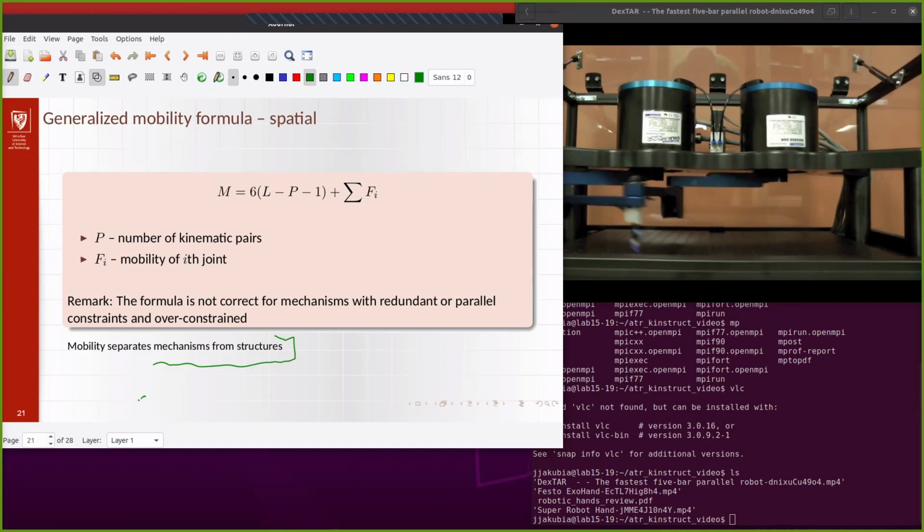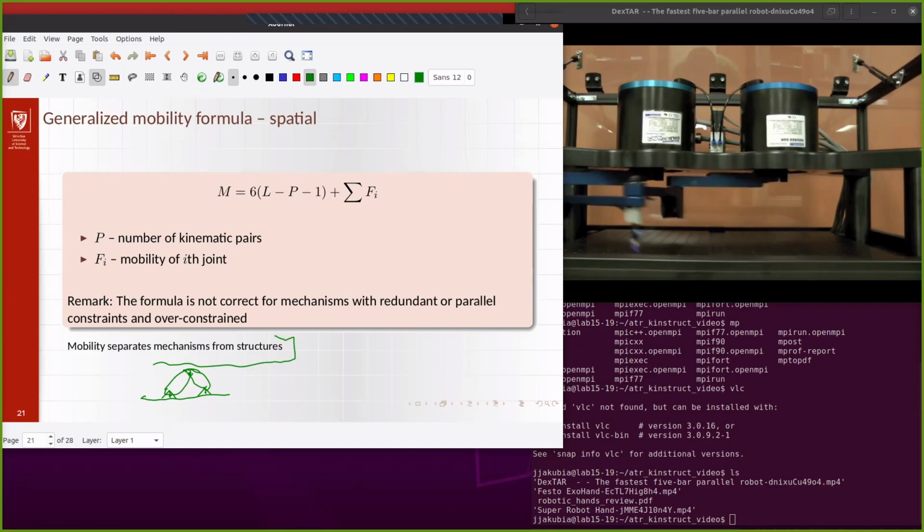So when you imagine, for example, this kind of element, we have a ground, we have a rotational joint here, a rotational joint here, but we have a link here and a link here, and they are joined with a rotational joint as well in that place.